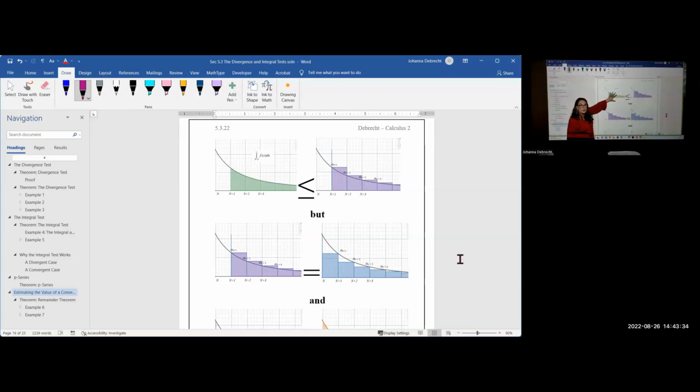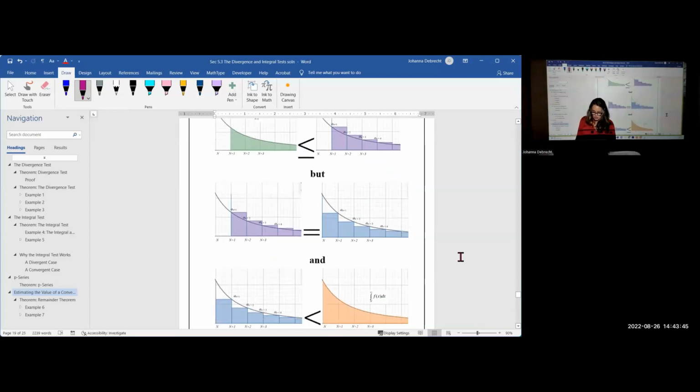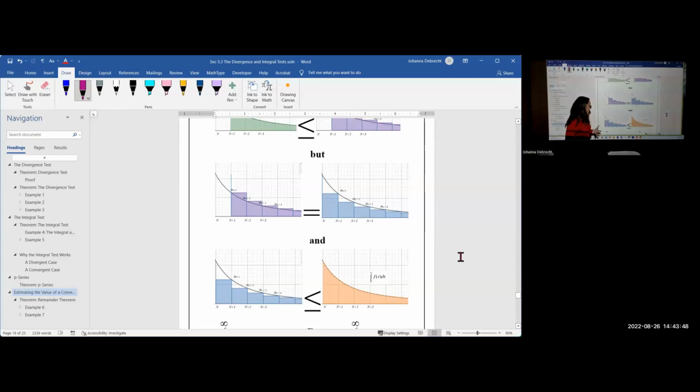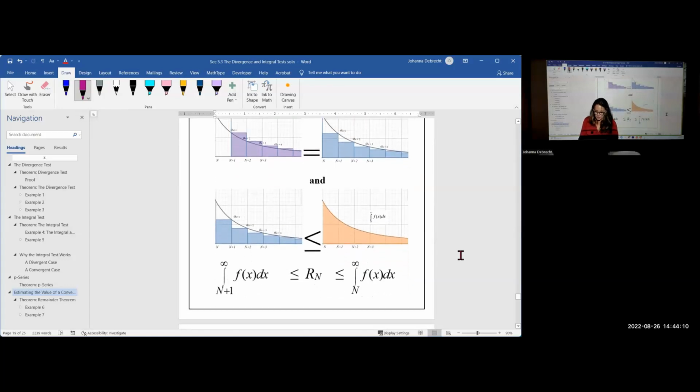So the area under the curve from uppercase n plus 1 must be less than or equal to both the left and right Riemann sums starting at different places, that error, but it has to be less than or equal to the improper integral from uppercase n to infinity, because this has more area than the right Riemann sum, which is an underestimation. In other words, we've trapped our error, our remainder, between two improper integrals. And these are the two improper integrals that you see here at the bottom of the screen.